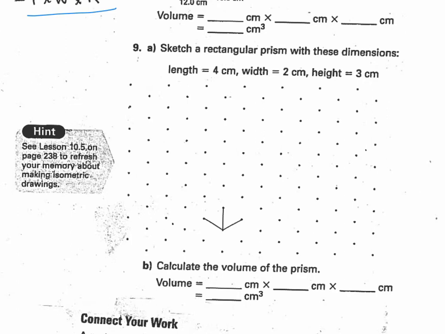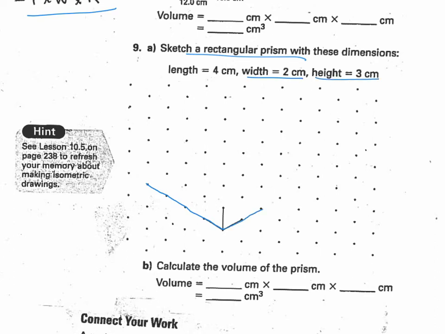In this activity, I'm going to show you how we make a 3D sketch of a rectangular prism. Our length is 4, so I'm going 4 units. 1, 2, 3, 4. My width is 2 centimeters. 1, 2.